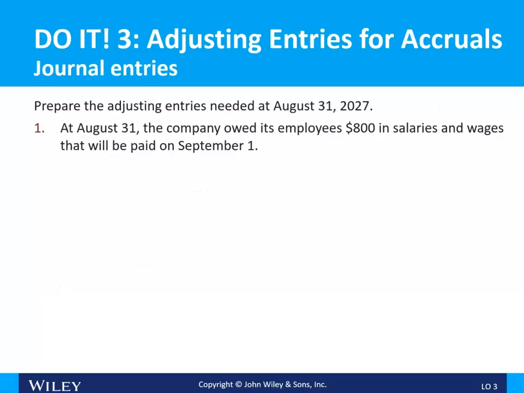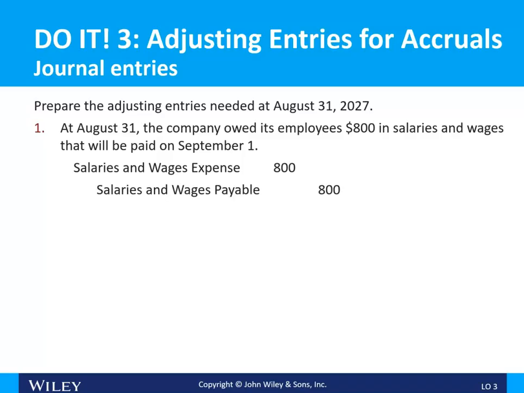So the first one, the company owed its employees $800 in salaries and wages that will be paid on September 1st. So what's the adjusting entry for unpaid salaries and wages? We're going to record the expense, so we're going to debit salaries and wages expense $800. We're going to set up the liability, in this case salaries and wages payable.